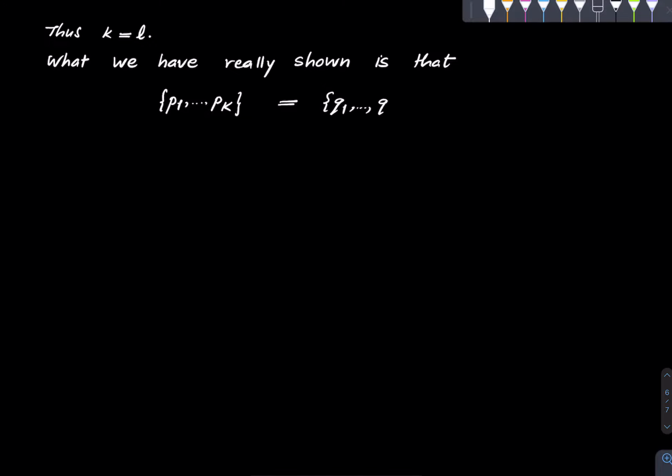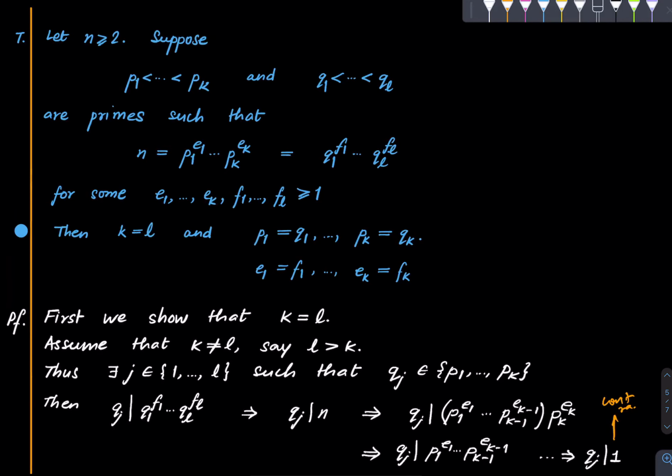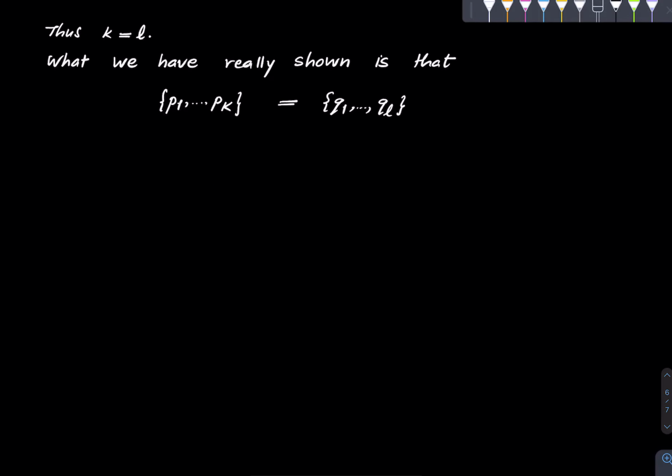If you examine what we just did, you will see that not just K equals L, but in fact the primes in the two lists are exactly the same, because that is all that we used. We just used the fact that Qj is different from each of the Pi's, and that's it. So we have a stronger conclusion. And let me just write a K here, because we have already shown that K is equal to L.